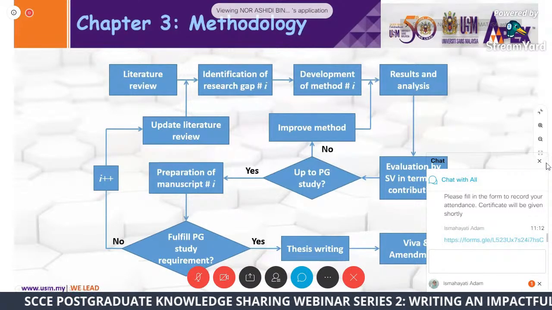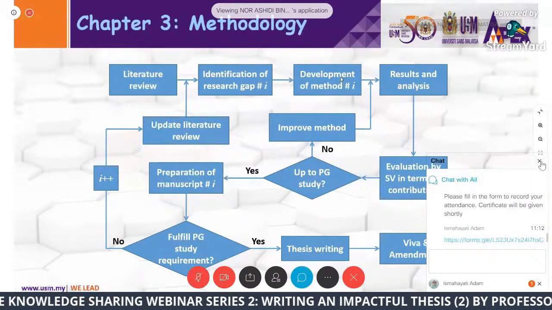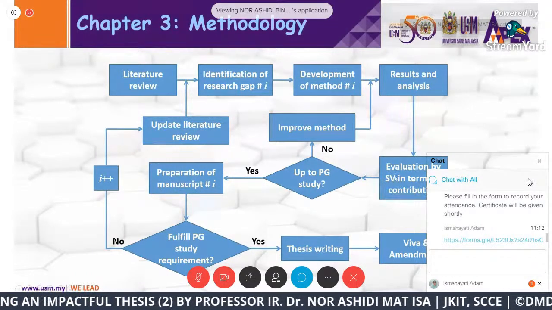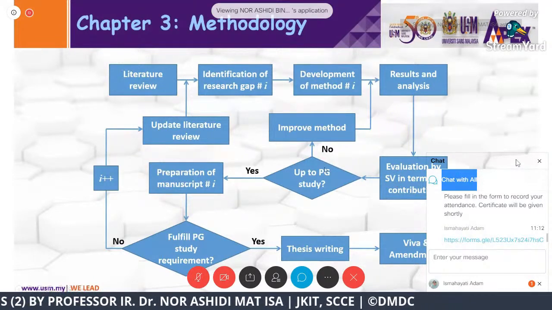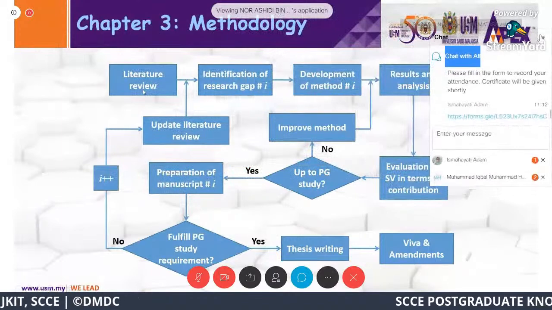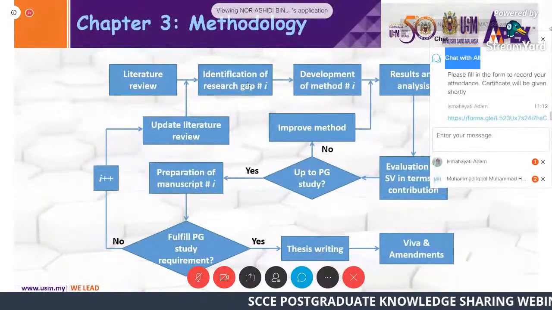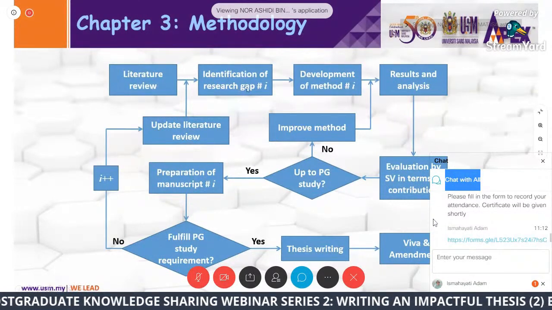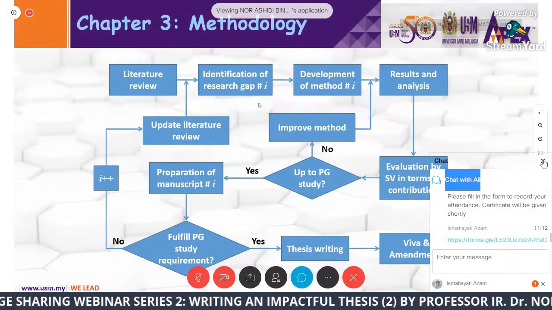So this is what we call the processes that need to be known by the lecturer, the supervisor and also the students. It must start with the literature review. Then after you complete one gap, you must update your literature review, because completing one gap takes about 6 or 7 months.